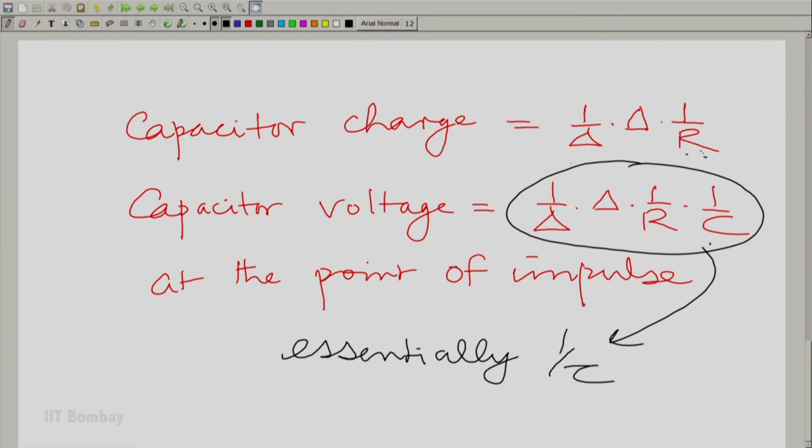The voltage is therefore 1 by RC, that is 1 by tau, and when you have a voltage put across the capacitance, and the input has now gone to 0 voltage, obviously that capacitor has to discharge through the resistance. And how will it discharge? Exponentially. That is why you get the e raised to the power minus t by tau.